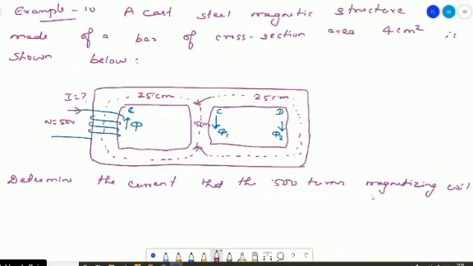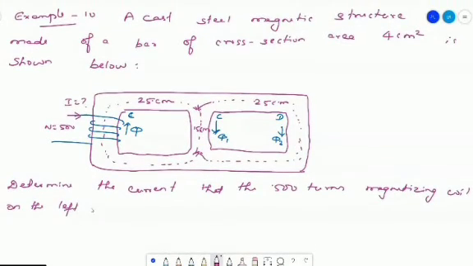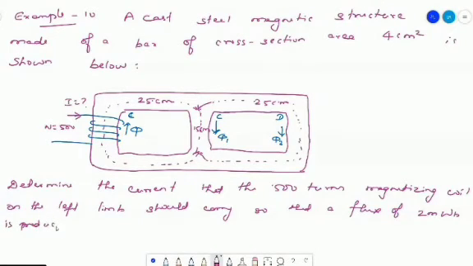Determine the current that the 500 turns magnetizing coil on the left limb should carry, so that a flux of 2 milliweber is produced in the right limb.